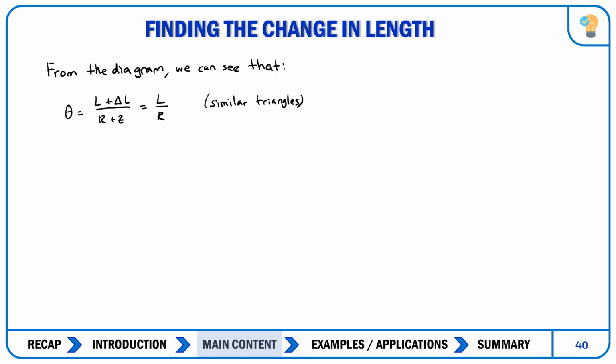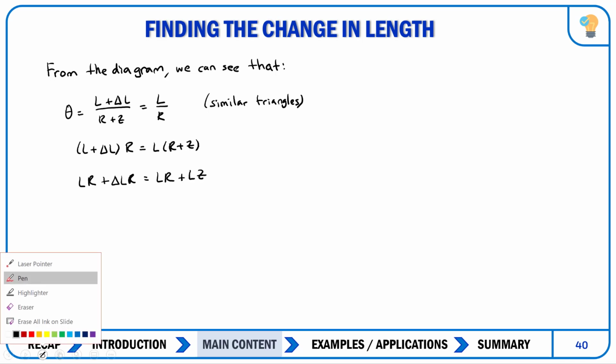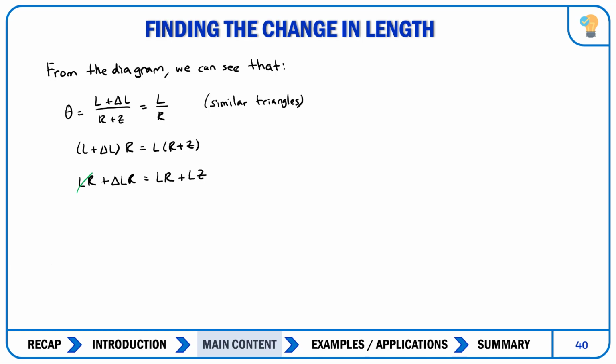And once we have this equation, we have L plus delta L times R equals L times R plus Z. We can conclude that delta L R, let's see, work this all out first. We have LR plus delta LR equals LR plus LZ. You're going to be able to cancel these two out.